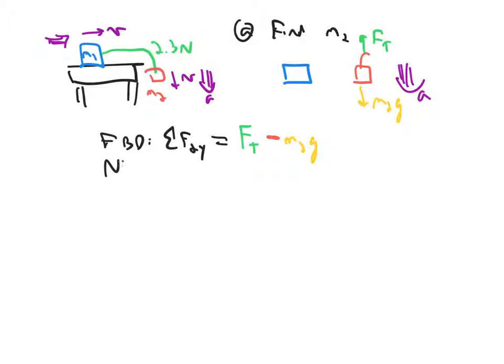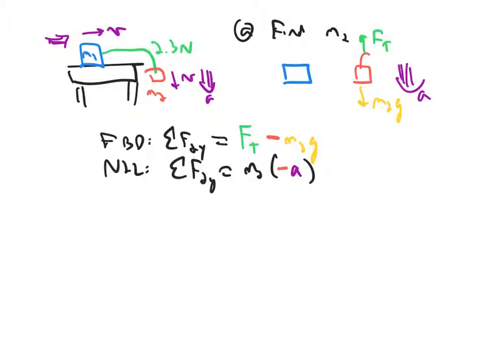And then from Newton's second law, the sum of the forces is always just M2 times the acceleration, but we have to be careful here because our acceleration is A, but it is also downward. So we have something like this.